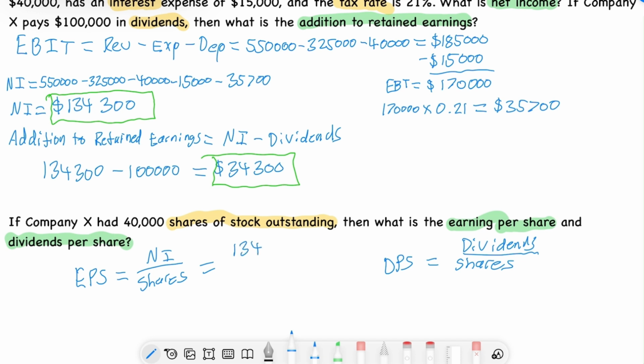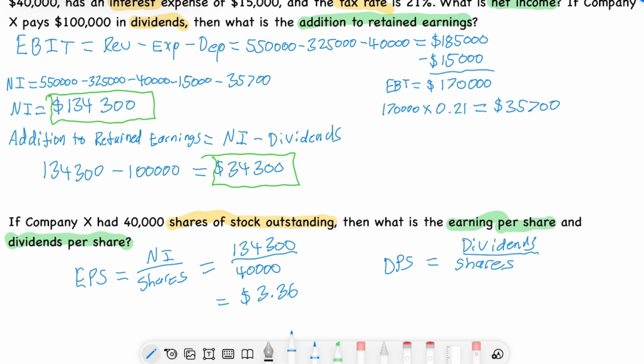So we've got a net income of $134,300, and we've got 40,000 shares outstanding. If we divide that, that's going to give us an earnings per share of about $3.36.